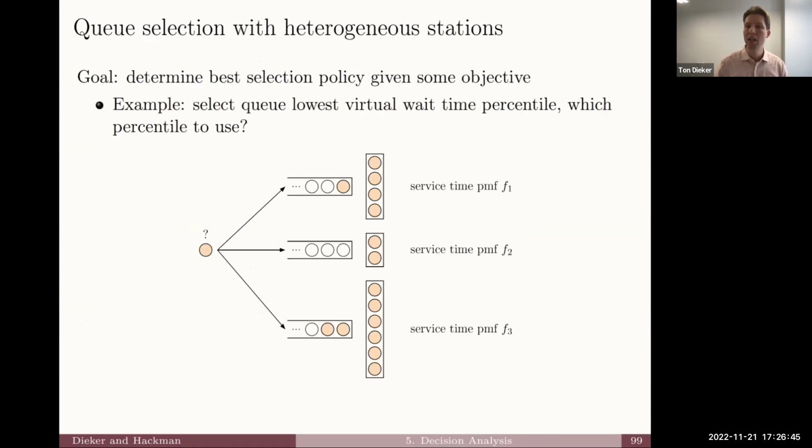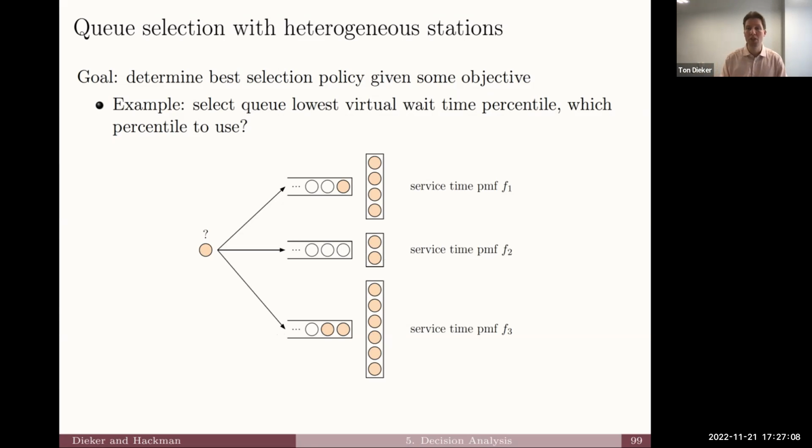But actually, we can go much beyond these kinds of decision problems. Here's an example where an incoming customer needs to choose between 3 heterogeneous stations. For instance, it might be possible that from the perspective of wait time, the 3rd station is preferable over the 2nd one, right? Because they're heterogeneous.